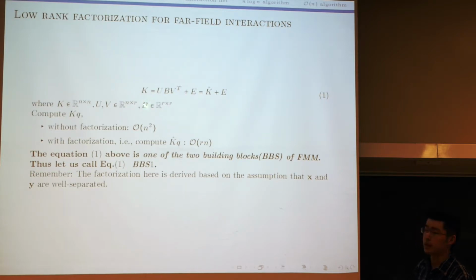Instead of computing KQ directly, we compute K hat times Q, namely U times B times V transpose times Q, where the cost for V transpose times Q is R times N, and so is U times a vector, and we sum it up to have a linear complexity algorithm.